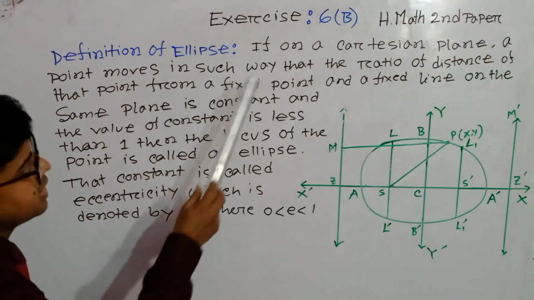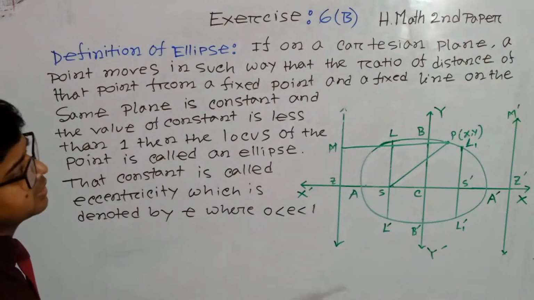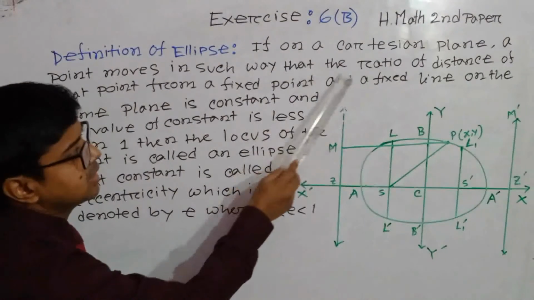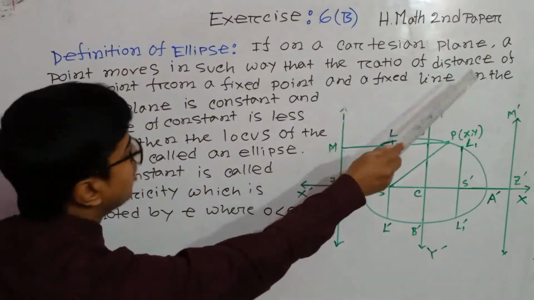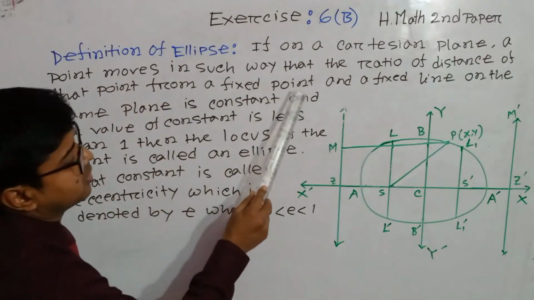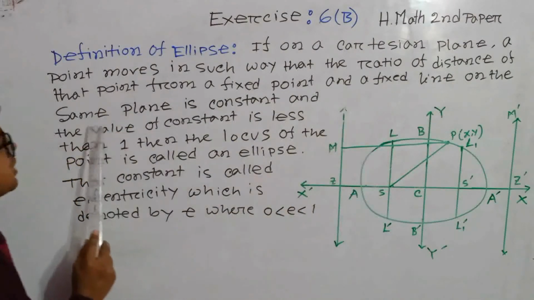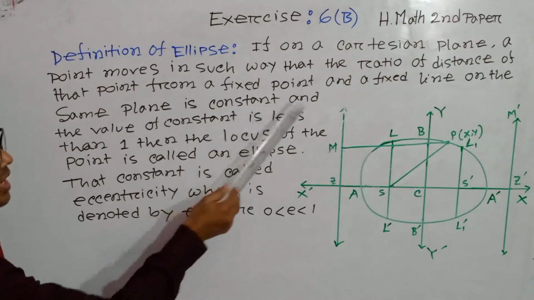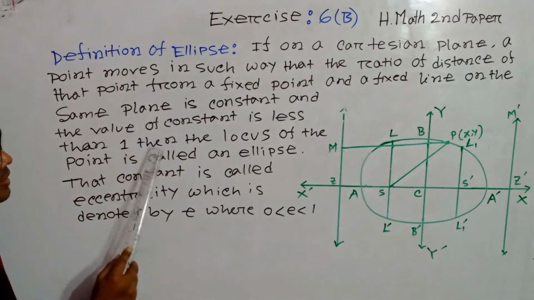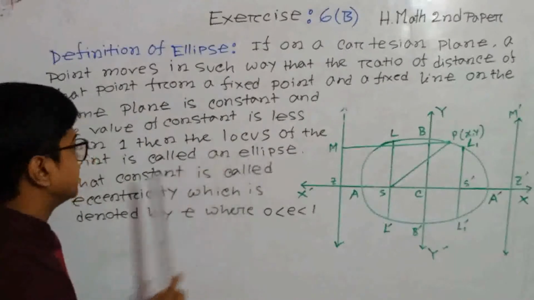Here, look at this. If on a Cartesian plane a point moves in such a way that the ratio of the distance of that point from a fixed point and a fixed line on the same plane is constant, and the value of the constant is less than 1, then the locus of the point is called an ellipse.